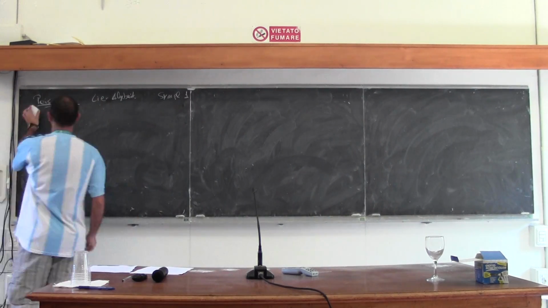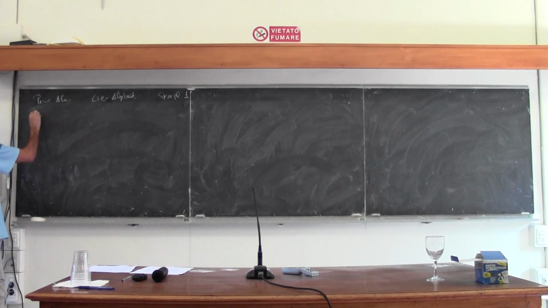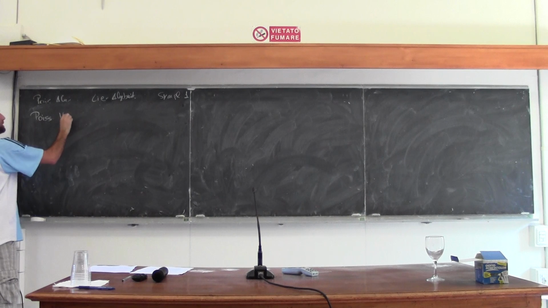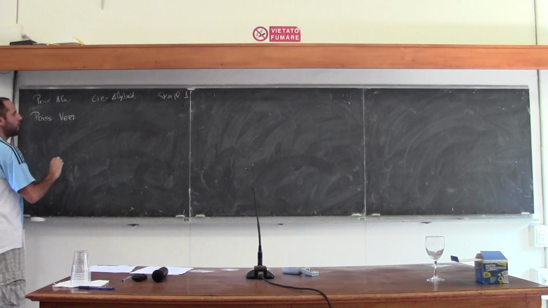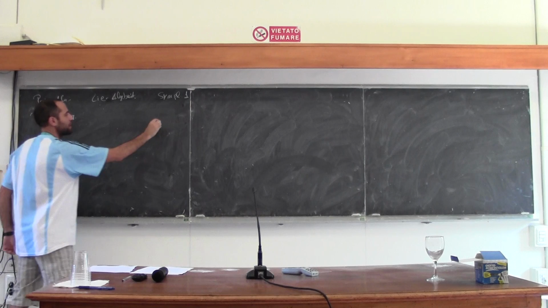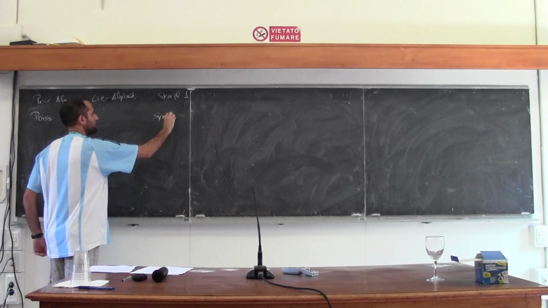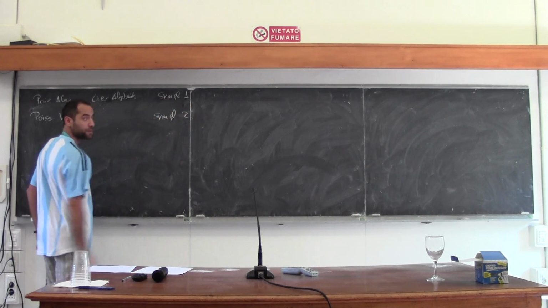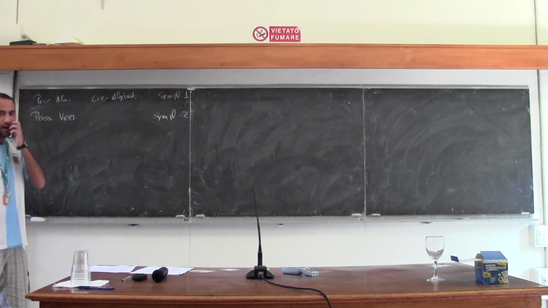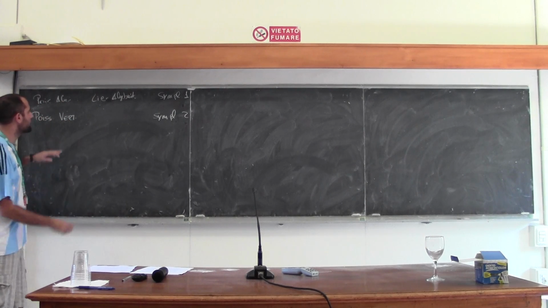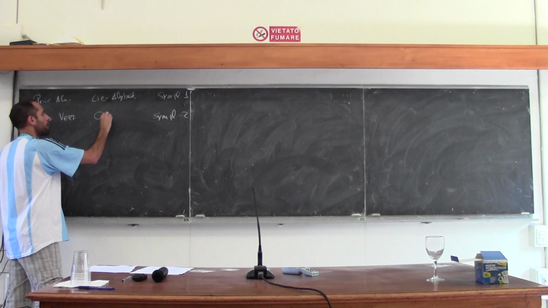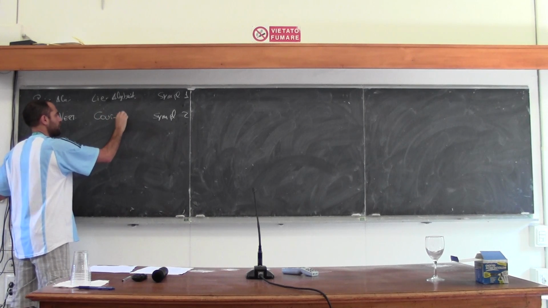So instead of a Poisson algebra, now I can think of a Poisson vertex algebra. And it's number 2 there. Exactly. This is going to be a symplectic 2 manifold. And this is Rutenberg's work.